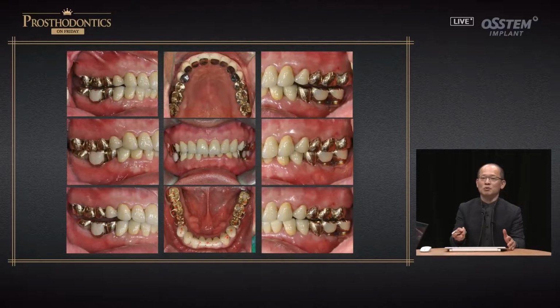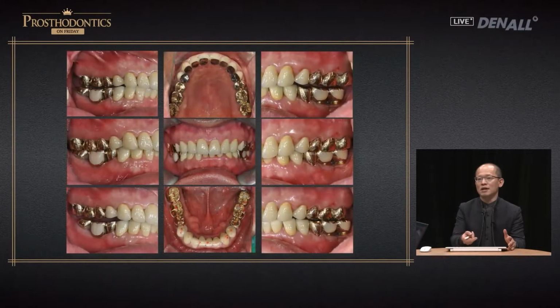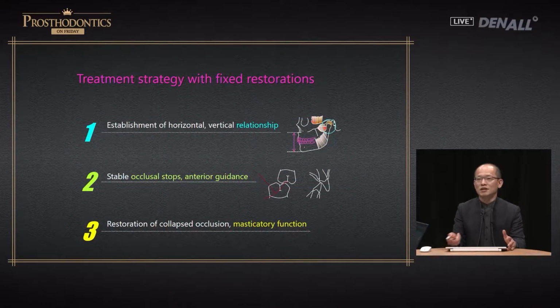There are a lot of changes in prosthetic materials that could cause perio issues or material-related issues, so you have to take a lot of care. So from this to this, what are the basic concepts and approaches that you need to think about? That's what I want to share with you today.